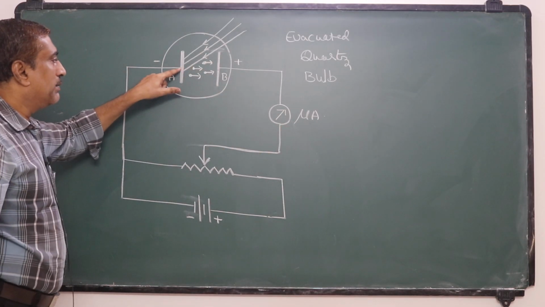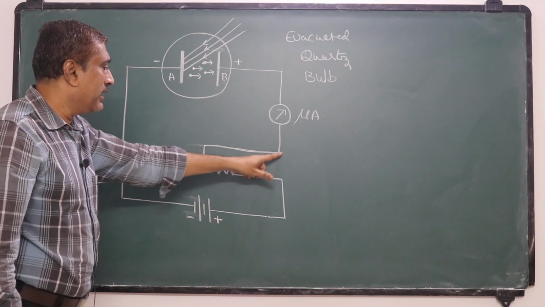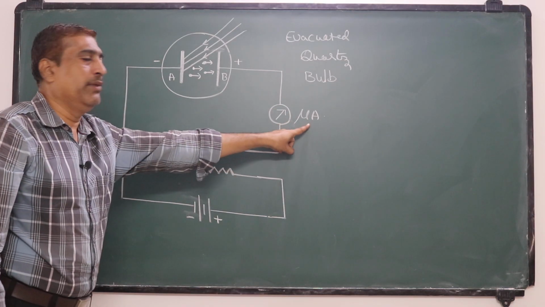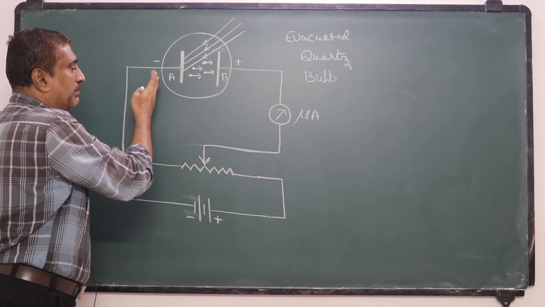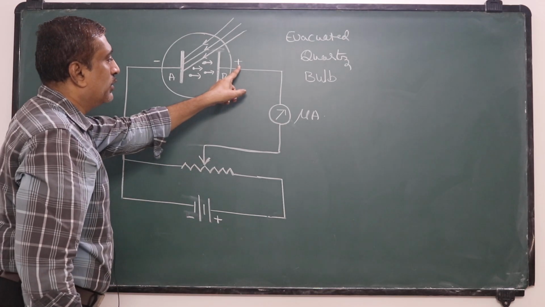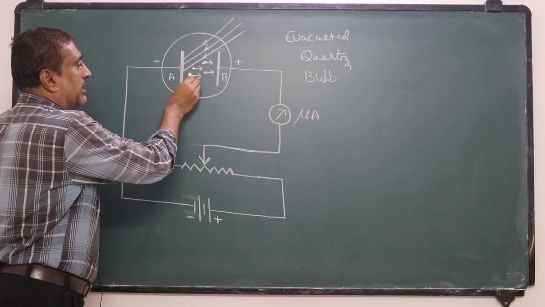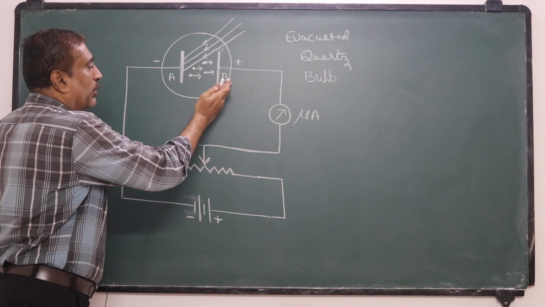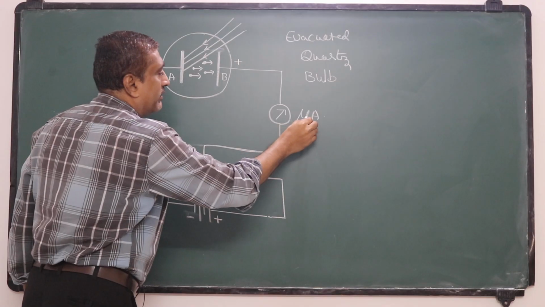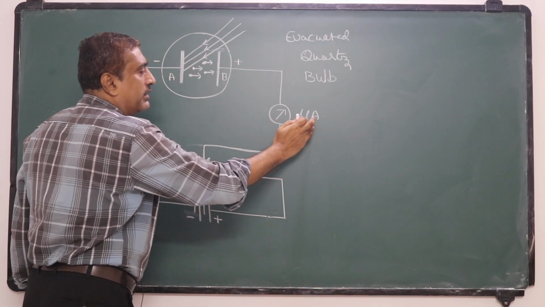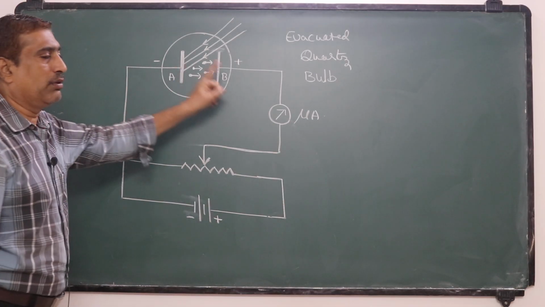That means this plate is made positive with respect to the other plate. As electrons are negatively charged particles, they are attracted towards this positive potential, so electric current flows through this circuit, and this is observed by the deflection in the microammeter. This is the simple arrangement to observe the photoelectric effect.